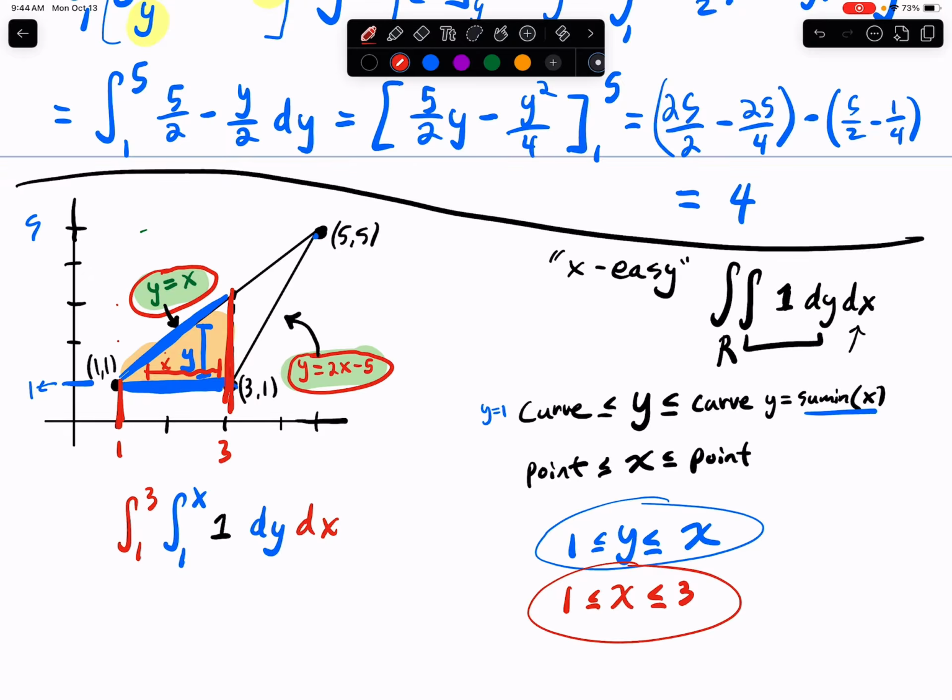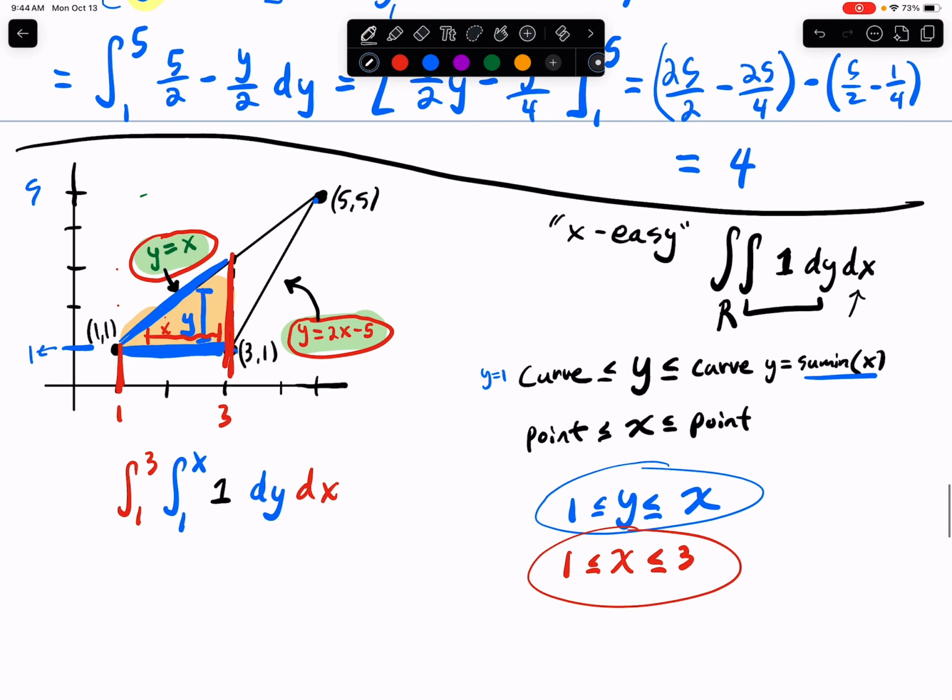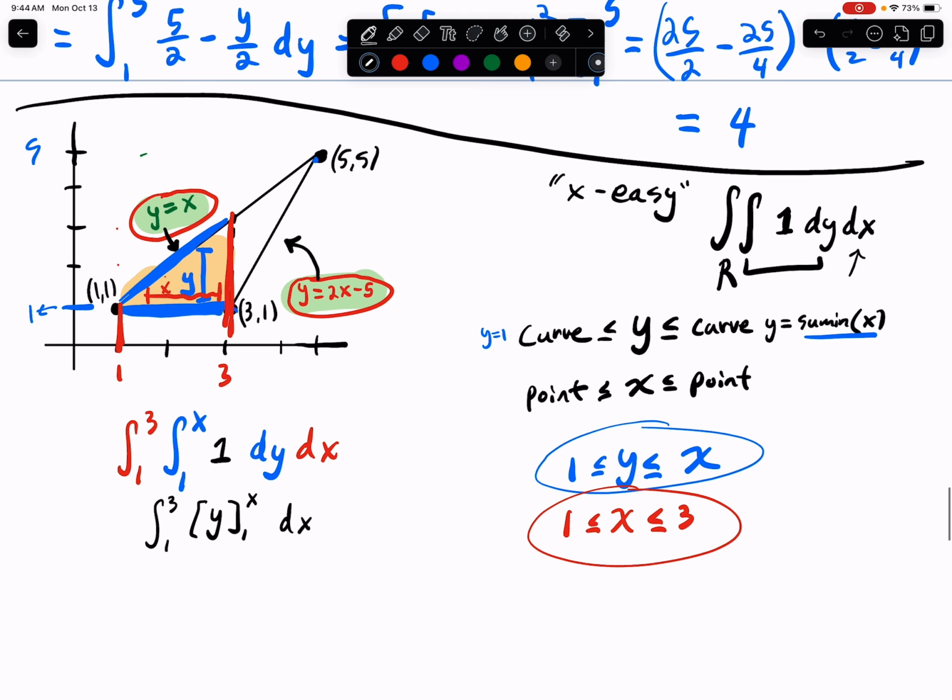All right? So if I did this, what would that be? The integral of 1 with respect to y is y, from 1 to x. Okay, so this becomes the integral from 1 to 3 of x minus 1 dx.